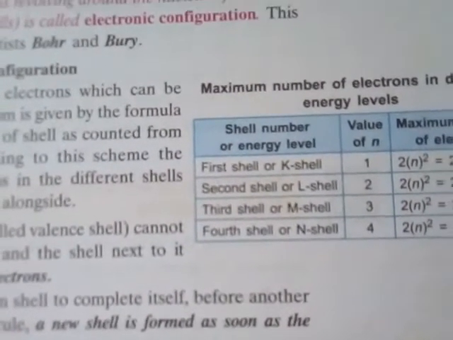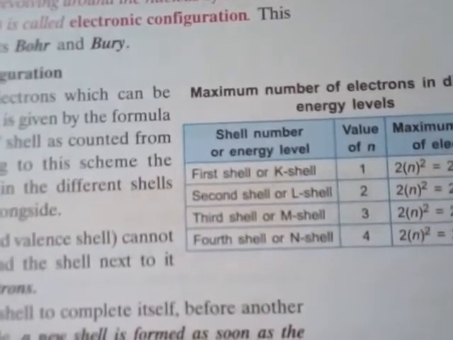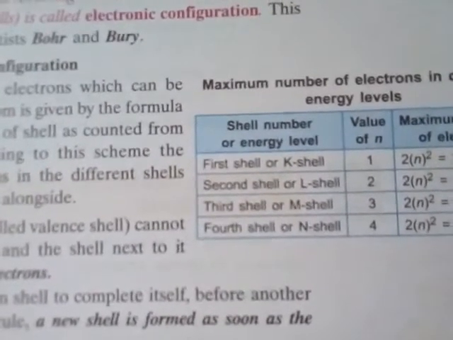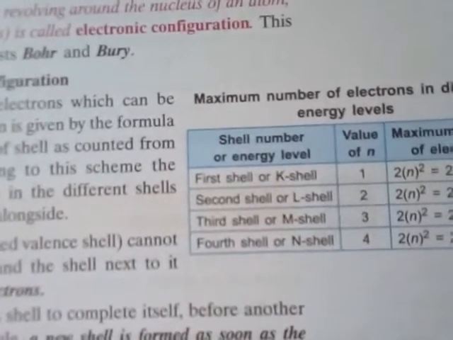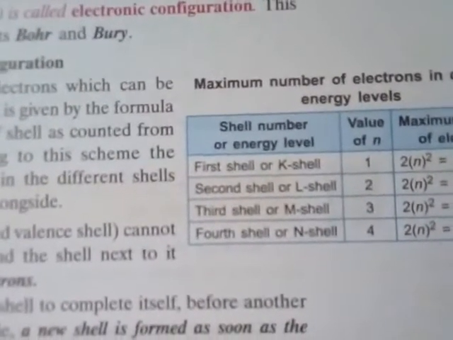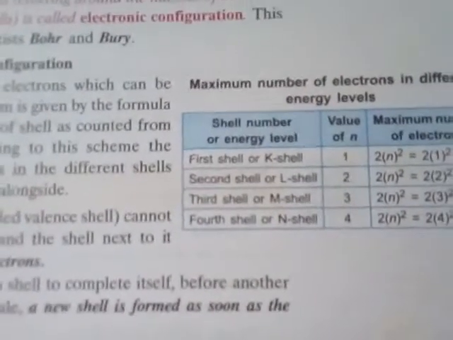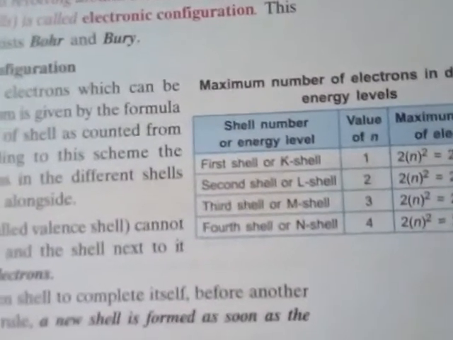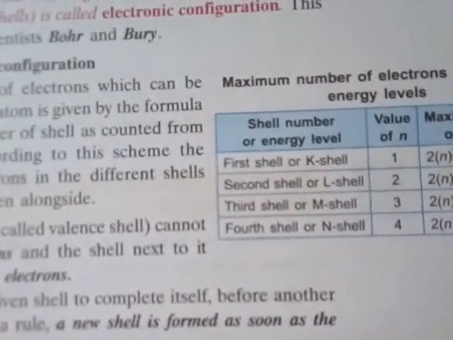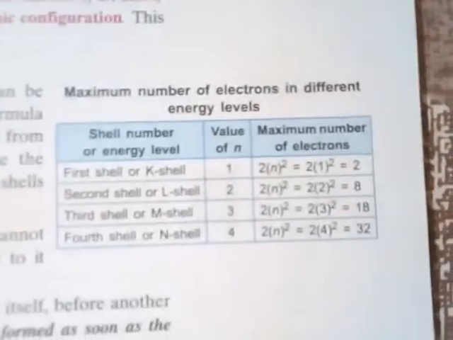According to the rules, the M shell can occupy 18 electrons, so the third shell should take the remaining 9 electrons, because we know the third shell can hold a maximum of 18 electrons. But it is not true. According to the second rule, the outermost shell cannot have more than 8 electrons.